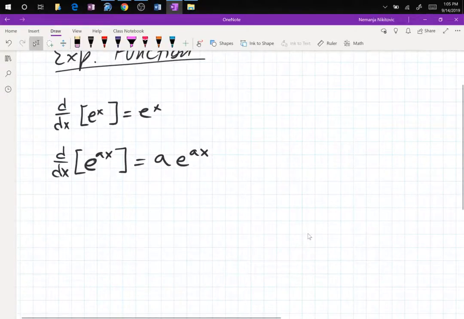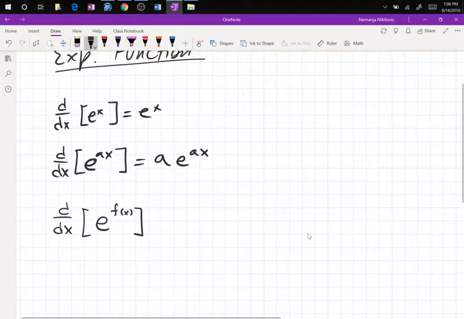So this a drops down, and we show that later on using the chain rule formula that we developed in Calc 1. And then using the chain rule formula, the pinnacle of Calc 1, was the derivative of e raised to some f of x function. So that one was e to the f of x times f prime of x.